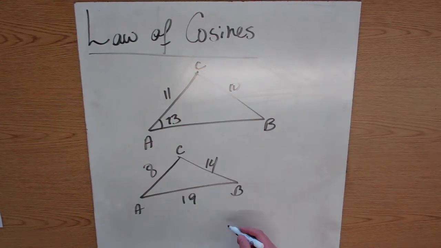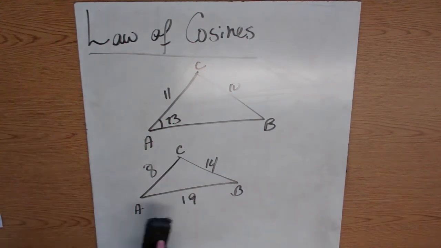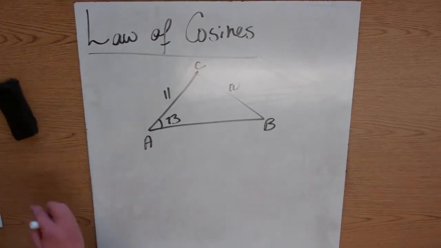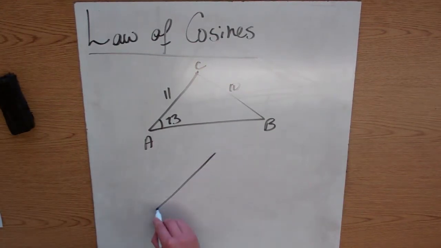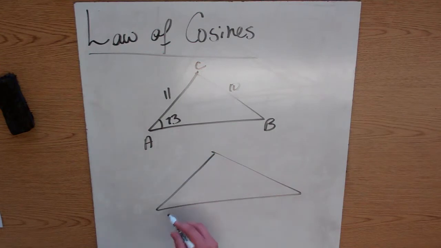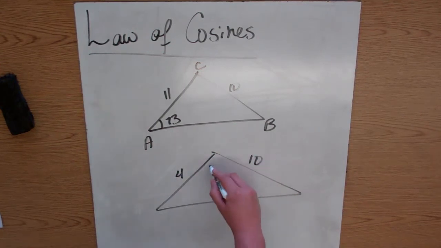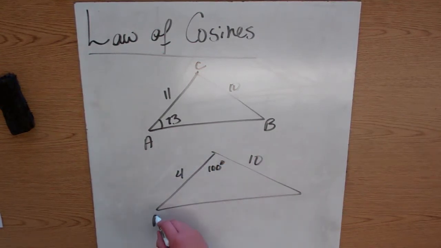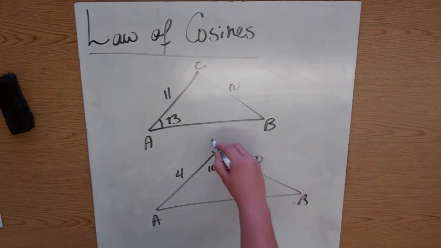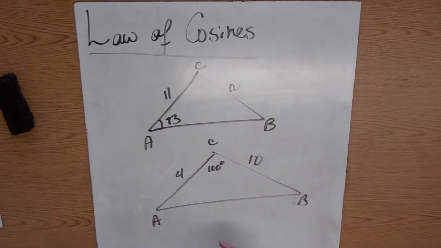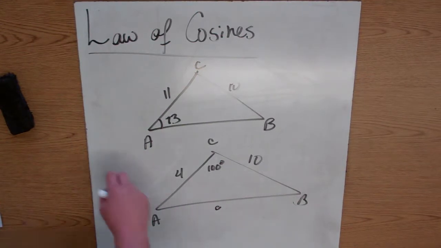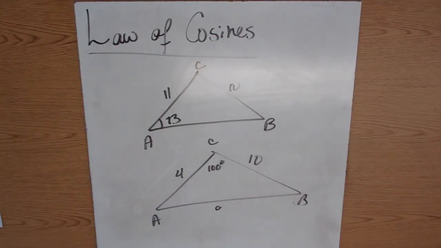Or instead of that, what happens if we had something like this: 4, 10, and this was 100 degrees. Here we don't have a matching pair. We don't have an angle with an opposite side, and we want to find little c. Again, this is where the law of cosines comes into play.